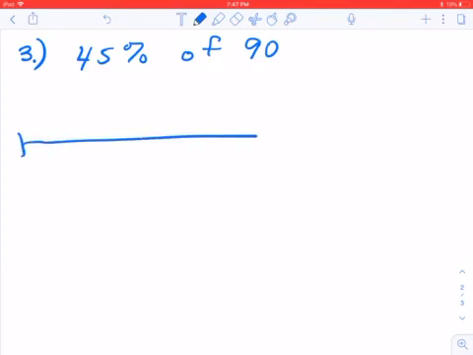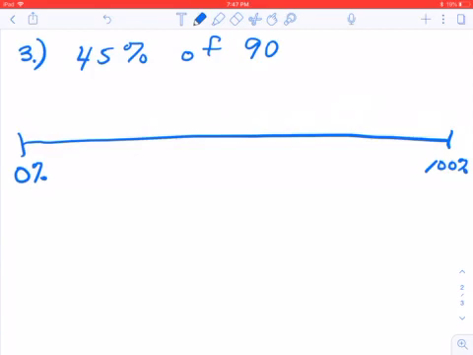Number 3. Let's do 45% of 90. So again, we're going to set up our double number line. Starting to get the idea with this? We're going to put our percents on the bottom. So 0% and 100%.